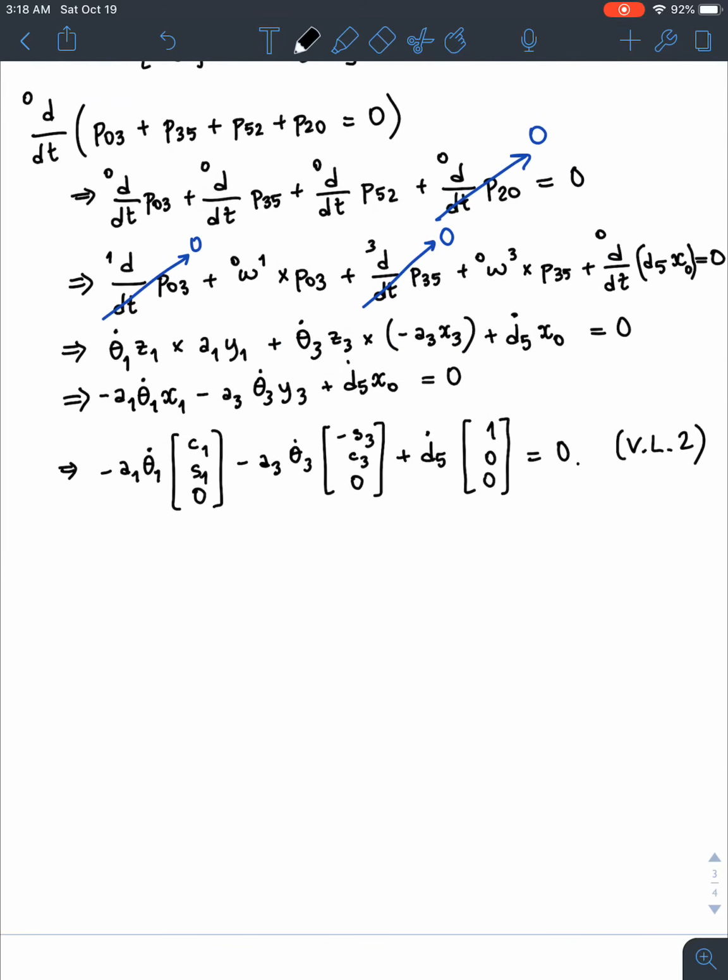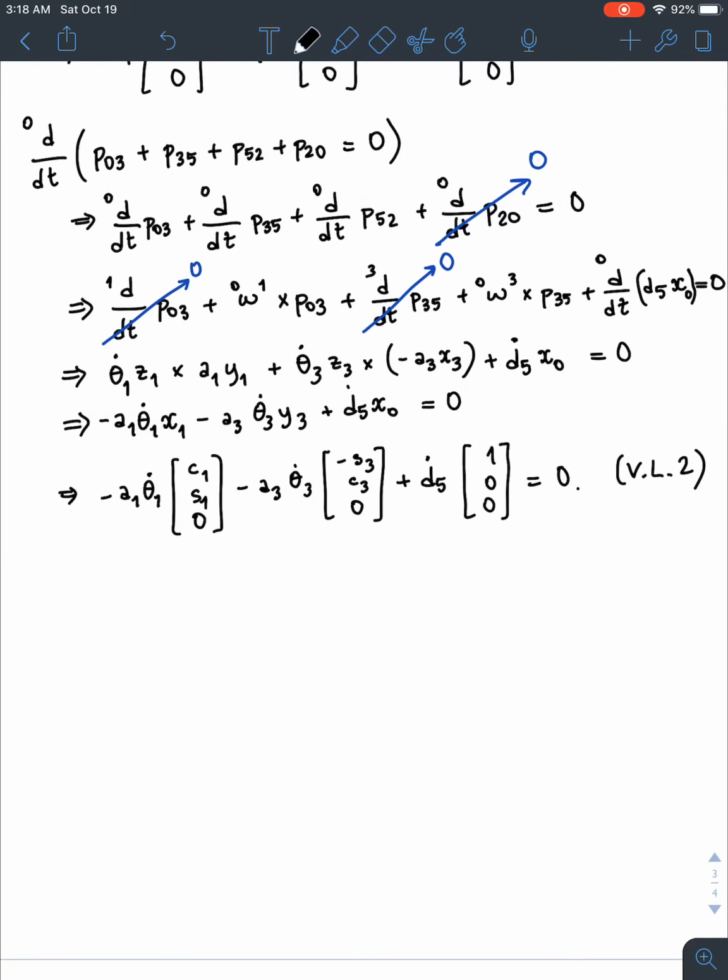So what I want is an equation of this form: A times x equals b, where x is going to contain my unknowns. What are my unknowns?